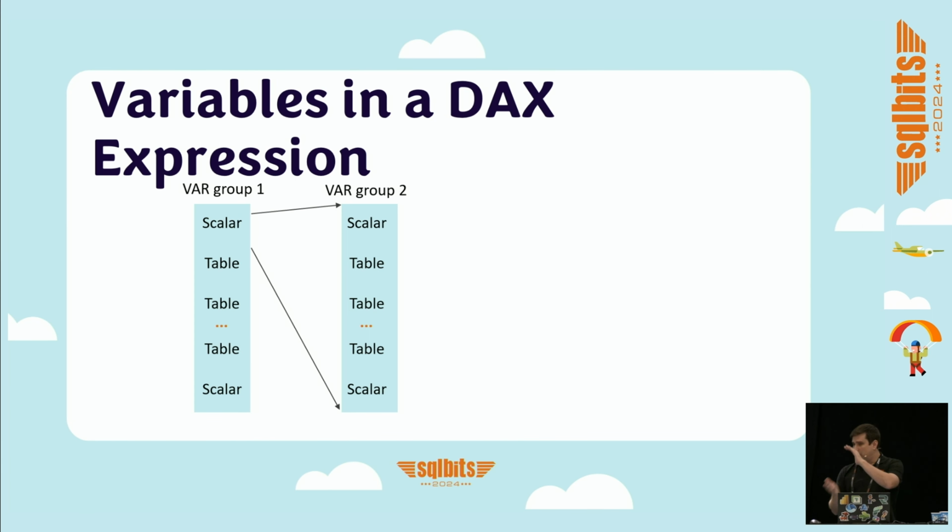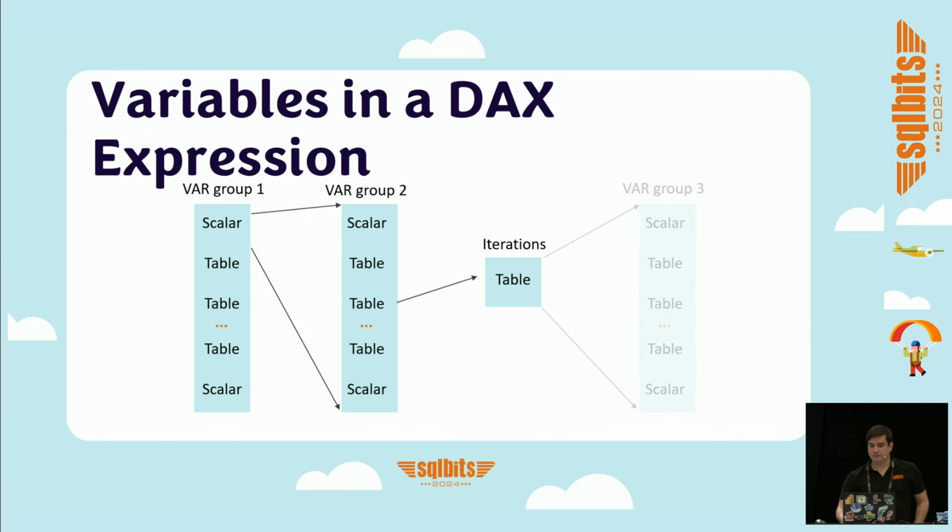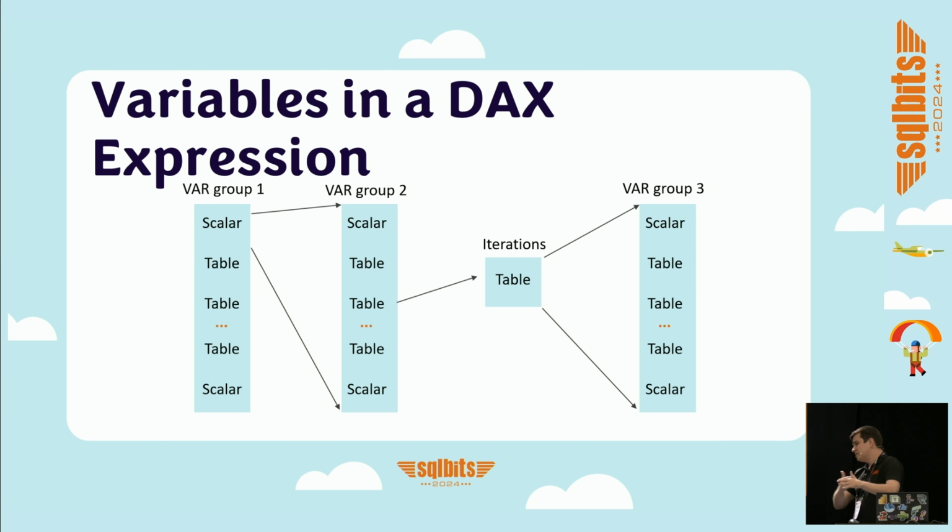Each variable's output type is either a table or a scalar value, but once evaluated, it's constant. And I can open an iterator. On top of 1,000, whatever rows you have, you can do the same expression with row context for every row of the base table of that iterator. And on top of that iterator, you can open another VAR group, and so on and so forth, until you finish the calculation that you need.